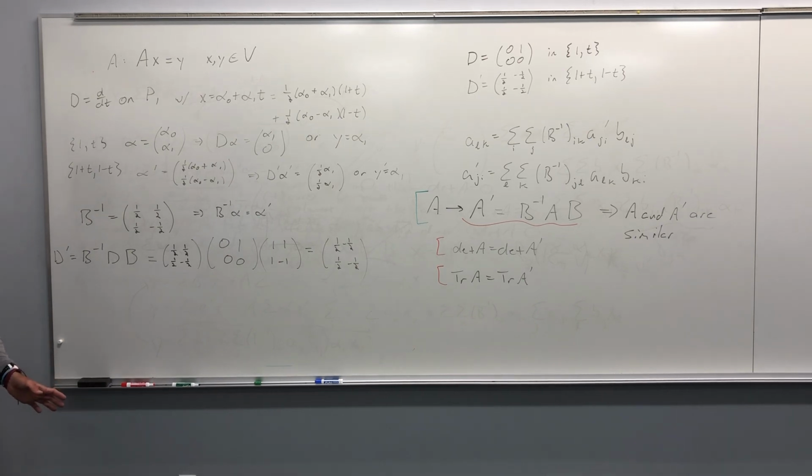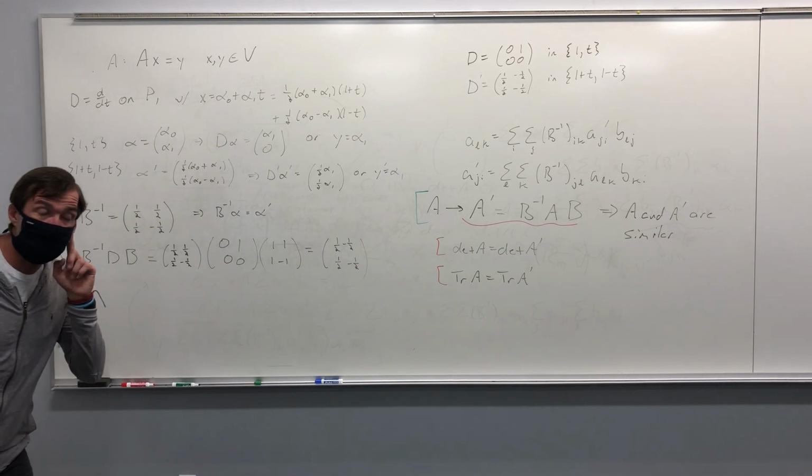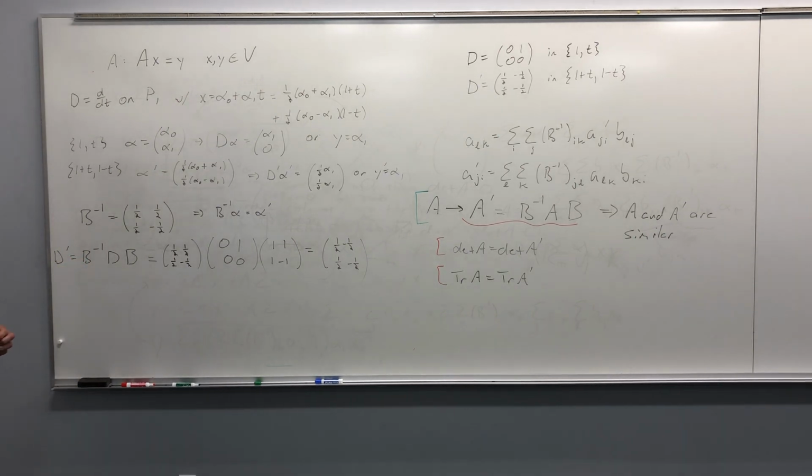Everybody on board? Yeah, go ahead. So with D prime, we're working in the 1 plus t, 1 minus t cases. Yes. Where would that be reflected in the operation to actually go from D to D prime? Could you construct B from the basis vectors that you want?